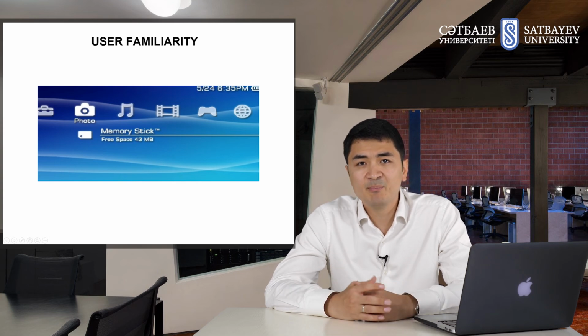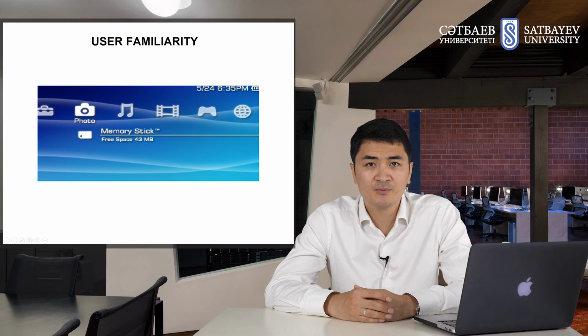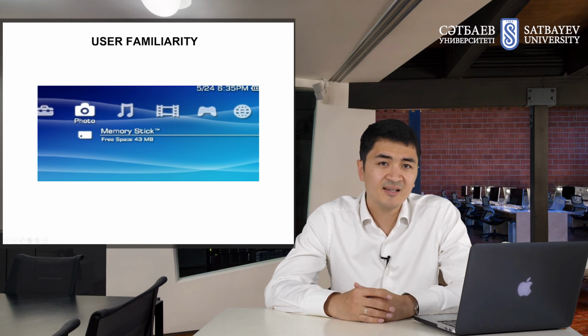So if you see the pictogram of a photo, you understand that something that resides beneath this pictogram has a connection to photo imagery or video files.